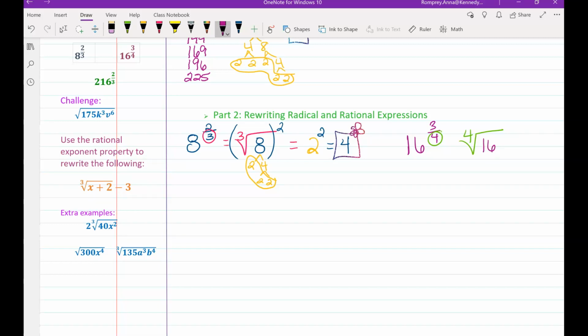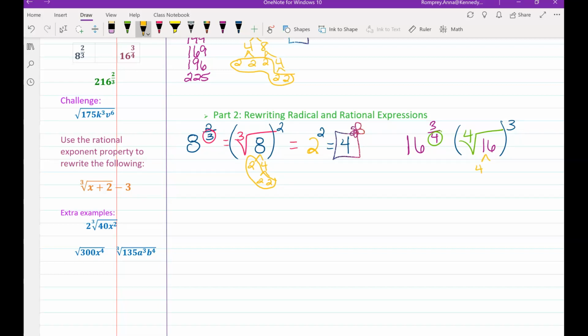And then once I find the 4th root of 16, we're going to cube it. So 4th root of 16, what times what times what times what is 16? That's a pretty small number to have to multiply something by itself 4 times, and it's probably a 2. But I'm going to go ahead and break it down anyway.